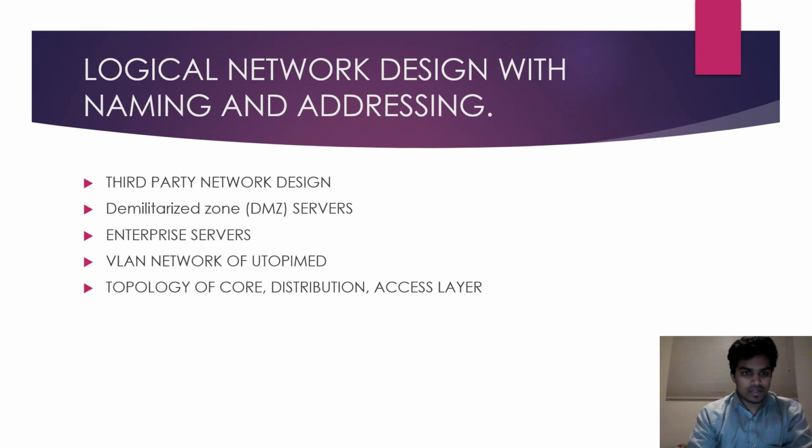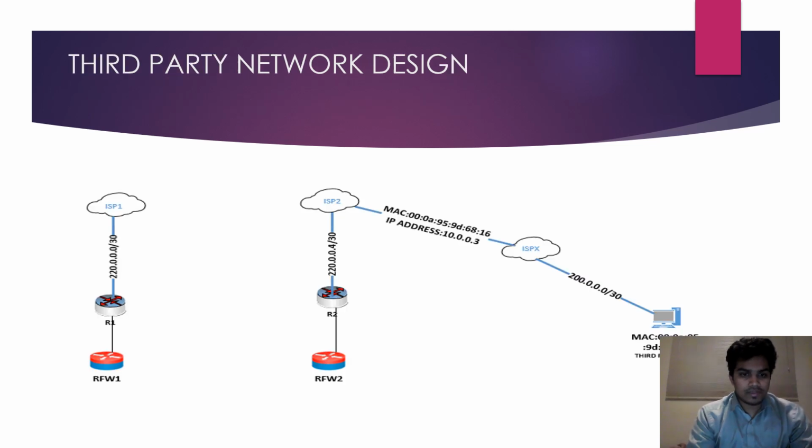Logical network design with naming and addressing is the next level of the diagram which we saw just now. There will be a much clearer explanation and details in a few more slides. The third-party network we have designed in such a way that the third-party organization's MAC address will be on the list for accessing the UTP network through the internet.